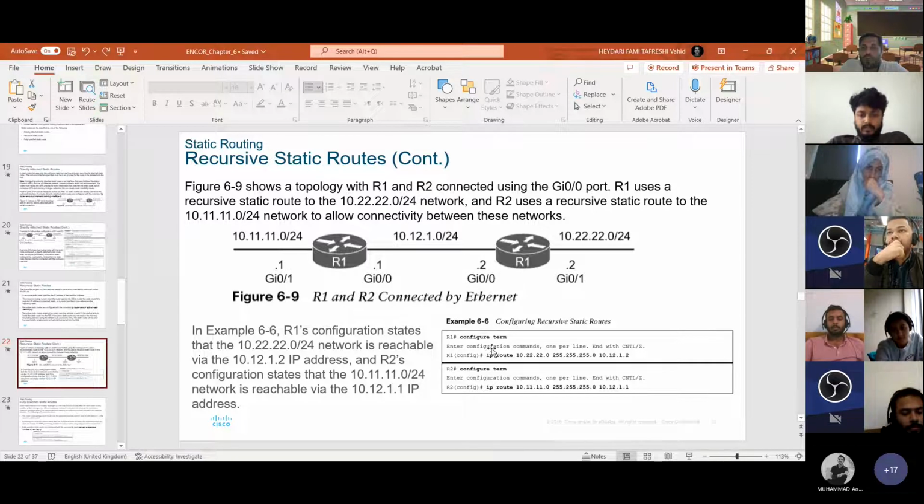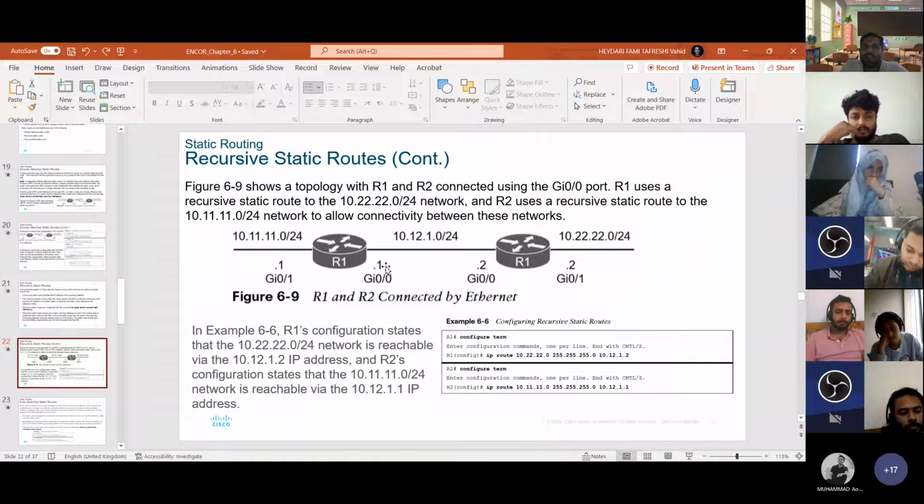So for R1 to get to this network, the next hop IP is this IP. And for R2, this is a typo here. For R2 to get to this subnet, the next hop IP is going to be this one. We don't use the egress point anymore. We use the next hop IP address.